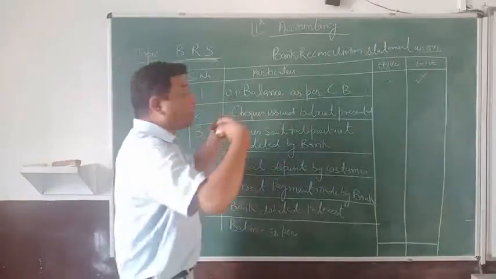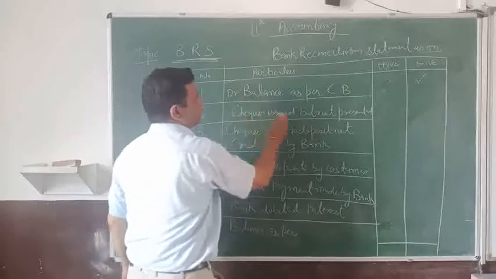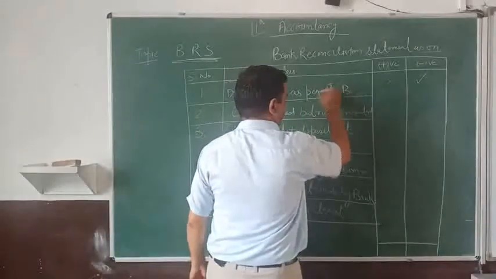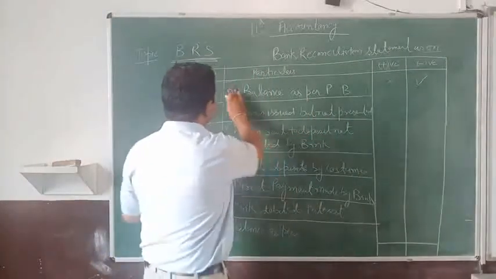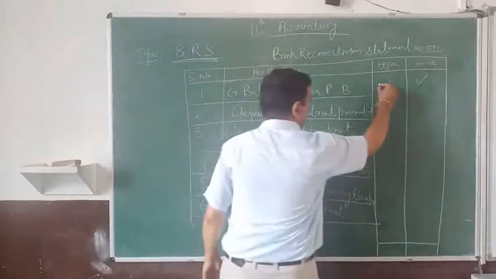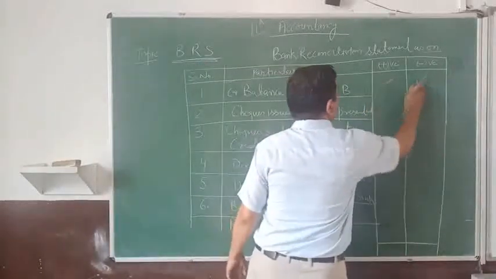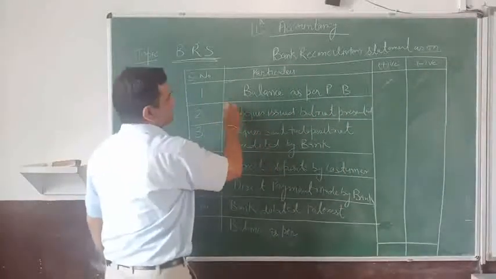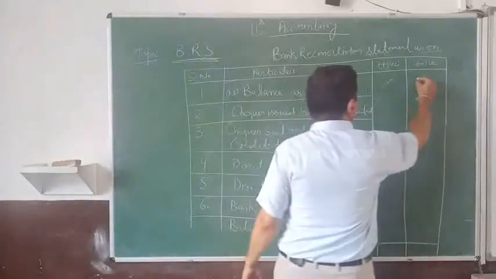Come to the passbook now. If it is debit balance of passbook, it should be in the negative. If it is credit balance of passbook, positive. And if we have been given the overdraft balance of passbook, it should be in the negative.